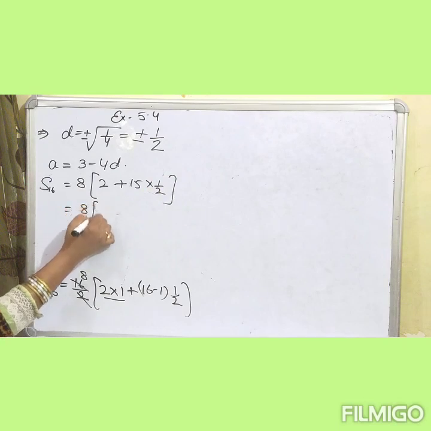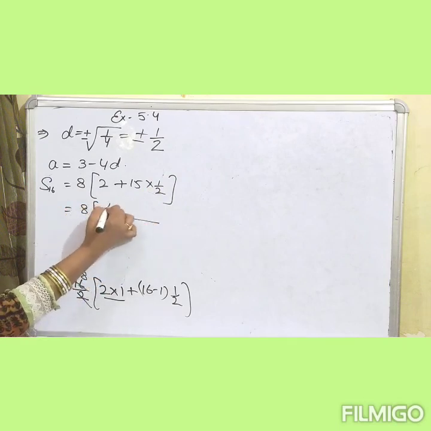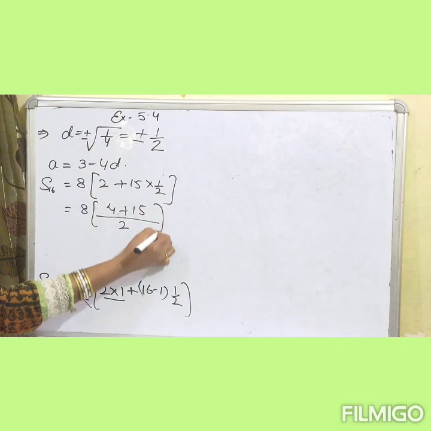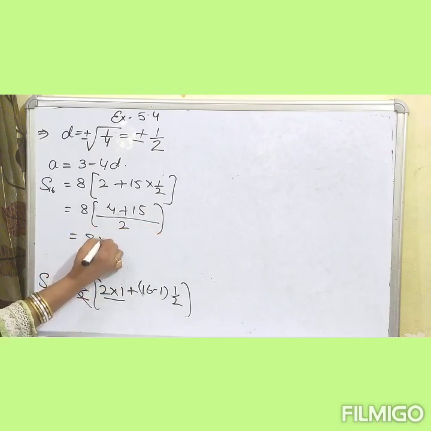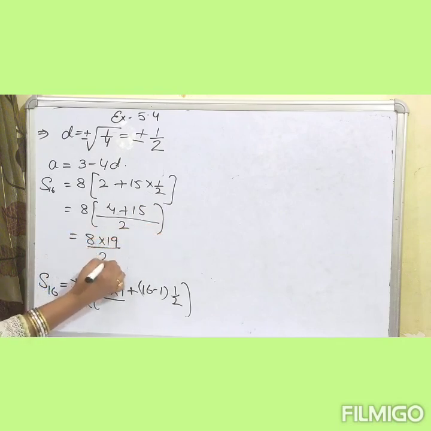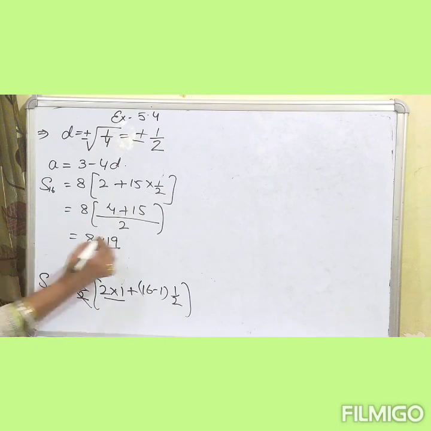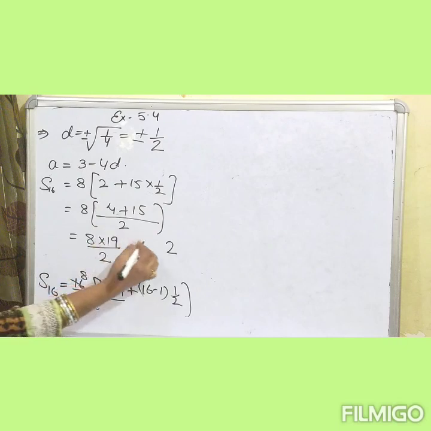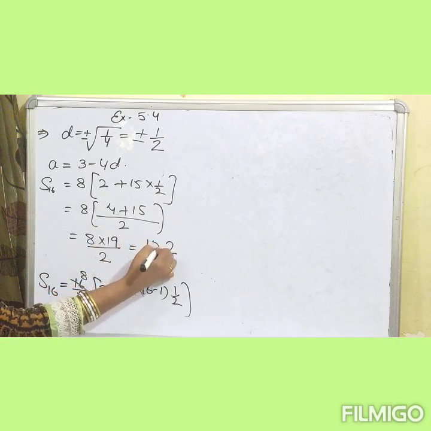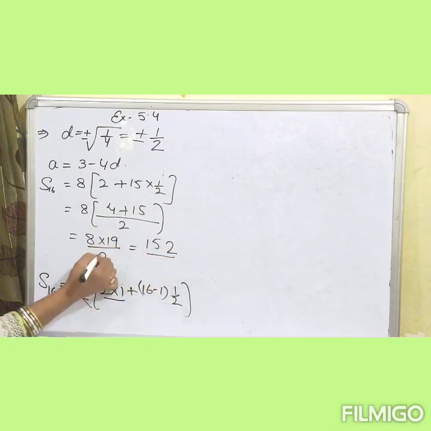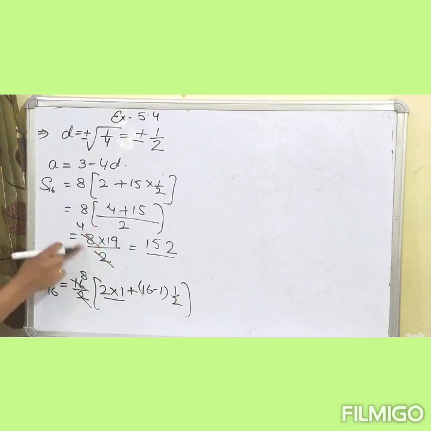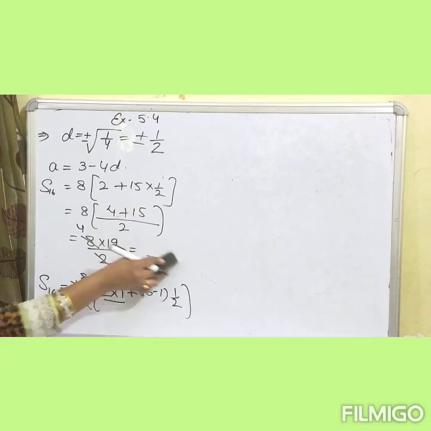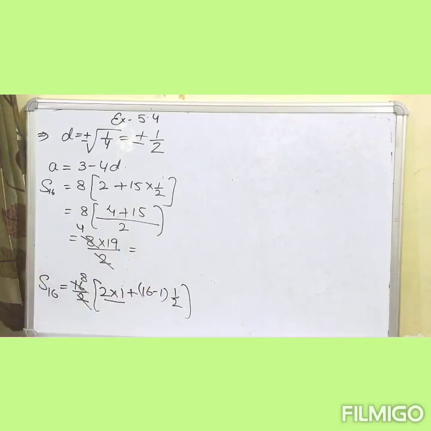You can take LCM here, that is 2, 4 plus 15 is 19, so 8 into 19 by 2. You can cut this here also so that your calculation will be easier. 2 4s are 8, so instead of multiplying and then cutting, it's better to cut it first.